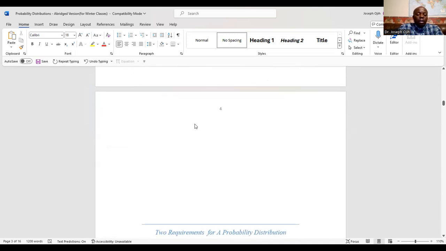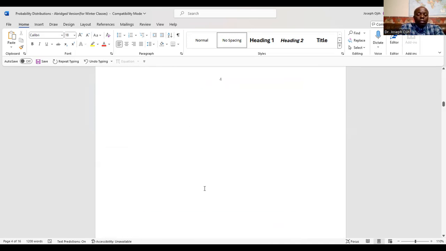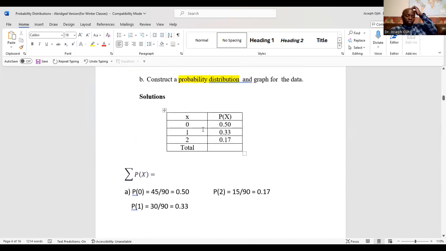So I'll write here: number of chainsaws rented, X. Then we have 0 chainsaws, 1 chainsaw, 2 chainsaws.